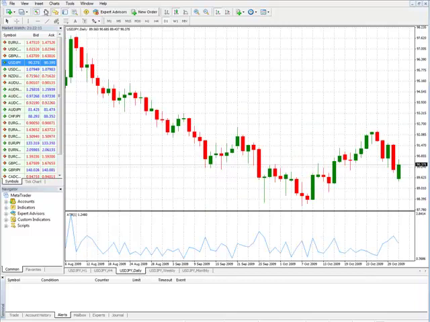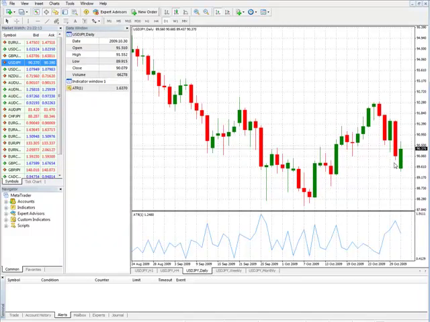Daily, let's see what things look like. Okay. Japanese yen can really get moving. Don't see any particular pattern that we may be interested in here.